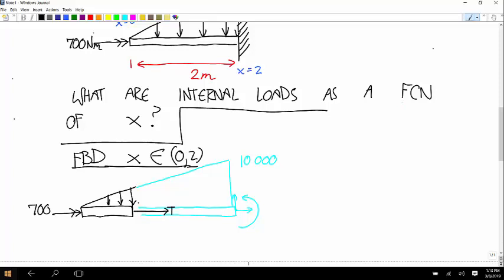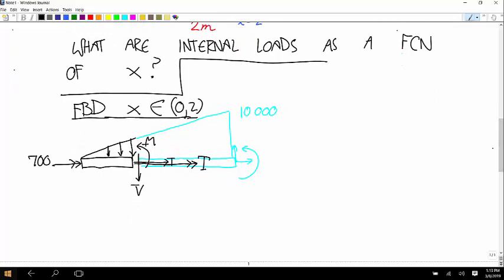And then there's the tension, the shear force, and the bending moment. And then the torque. We want to calculate all of those internal loads. Yeah, plain T, fancy T, M, and V. And the dimension says that this is equal to x. Okay.